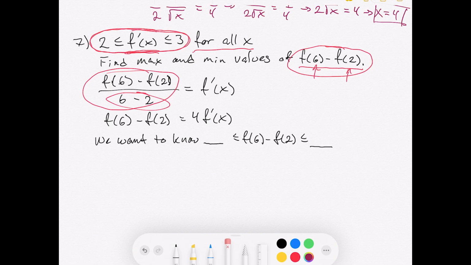What we want to know is the minimum and maximum values of f of 6 minus f of 2. And the fact that this is the quantity that I'm looking for is what compelled me to multiply both sides of this equation by 4, so that the left-hand side of that equation matched up with what it is that I'm going to be working with.